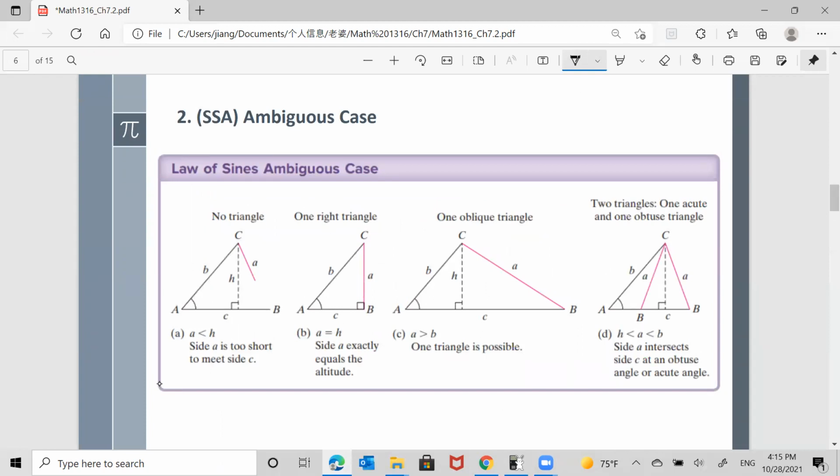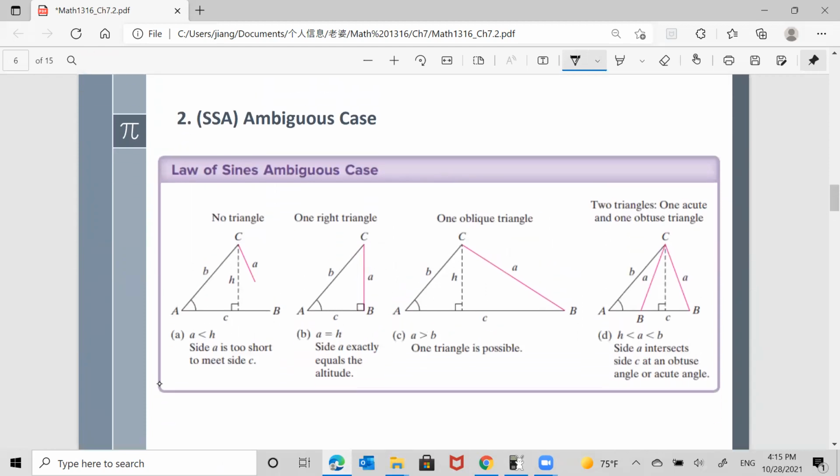SSA. So in previous slides, we have learned that ASA, SAA, there are two angles. If we have two angles, that means three angles are given from the question, because we use 180 minus the sum of these two angles to find another angle.